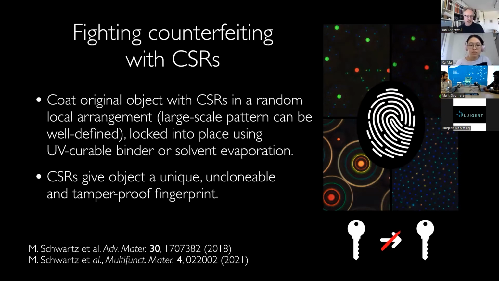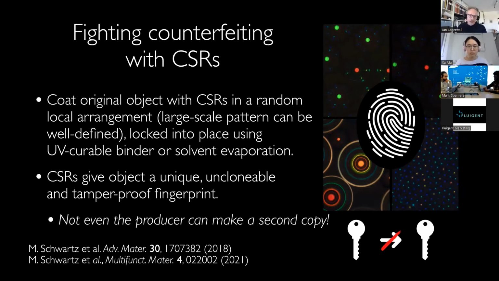And that is actually unclonable because it's so difficult to reproduce the exact arrangement of every shell. And of course, then you also have to reproduce the properties of every shell. So effectively, it's really unclonable and tamper-proof. It is so difficult to reproduce that we argue that not even the producer can make a second copy.